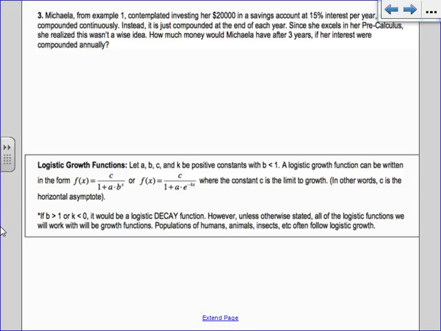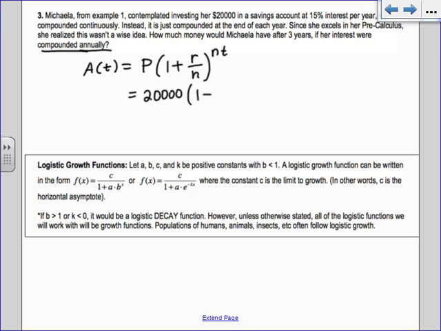How much money would Michaela have after 3 years if her interest was compounded annually? When you see compounded annually, and it doesn't say continuously, it says annually, monthly, daily, anything like that, you use the other formula. This is the one that I told you you'd have to memorize. P is 20,000. Your rate is 0.15 still.